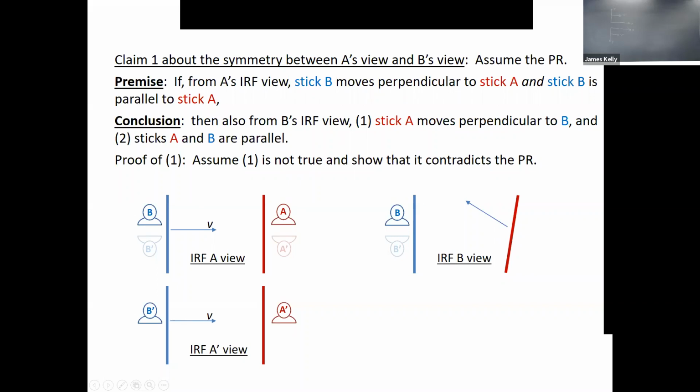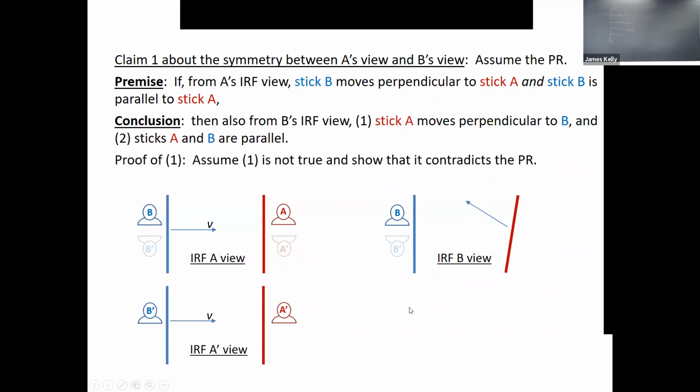So A prime and A are saying, I'm seeing exactly the same experiment being performed. All I'm doing is inverting the picture and showing it right side up for A prime's point of view.